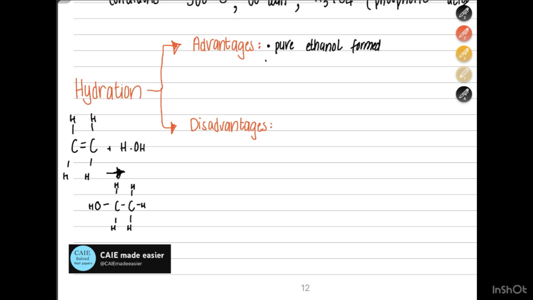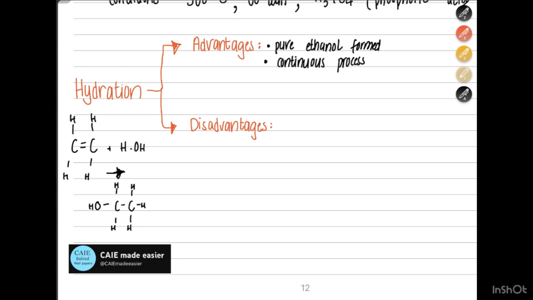Another advantage is that it's a continuous process. As we saw earlier, in fermentation, the ethanol that is produced is going to kill the yeast. So the process stops. You have to intervene, or you have to quickly remove the ethanol or the yeast.